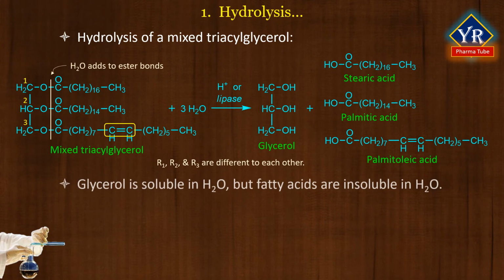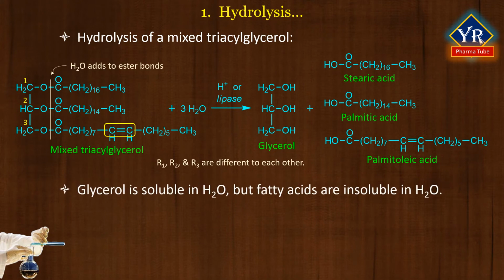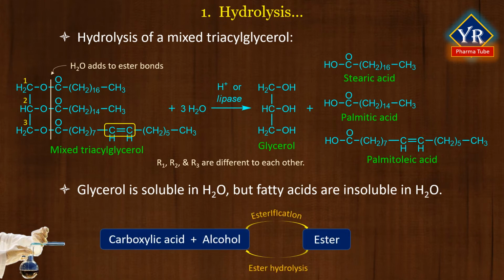In both the reactions from a simple and mixed fat, the polar glycerol is soluble in water, but the fatty acids with their long hydrocarbon chains are insoluble in water. Hydrolysis of a triacyl glycerol is the reverse of the esterification reaction by which it is formed. In situations where all three fatty acids are removed, the hydrolysis is referred to as complete hydrolysis, as described above.